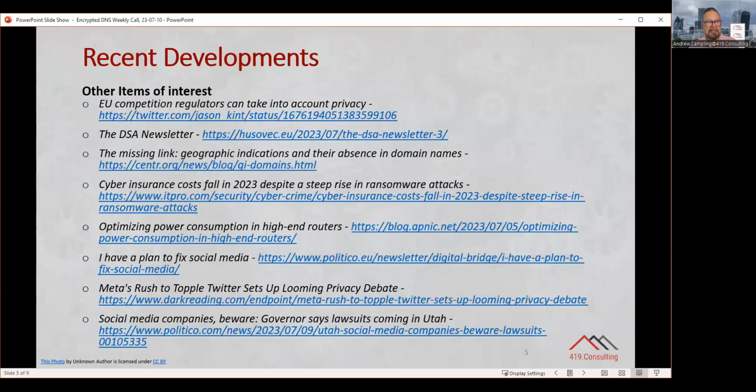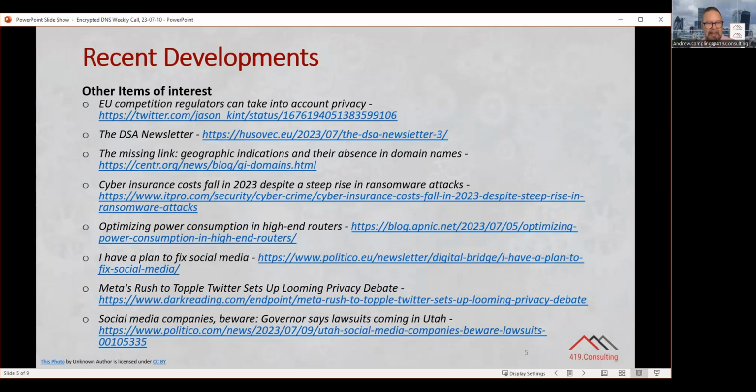There's a whole bunch of other things that caught my eye in the news this week. Again, I shan't go through all of those. I think there's an interesting one on APNIC about the power consumption of high-end routers. Not before time, in my view, because there's an awful lot of hardware out there that's running 24/7. So anything that can help reduce the power consumption is a good thing.